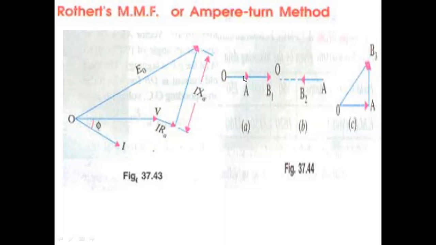These total ampere turns should be added, and the total field ampere turns are represented by OB1. So the vector sum of OA and AB1 gives OB1.